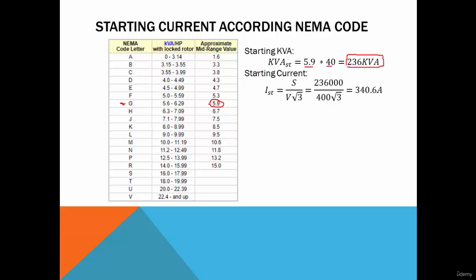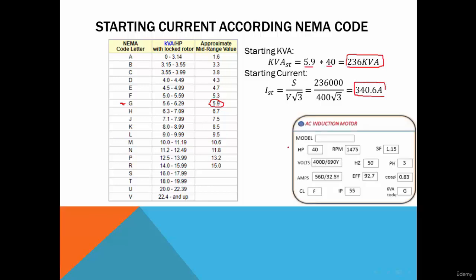The starting current I starting is equal to S over V times root square of 3. So 236 times 1000 over 400 times root square of 3, we are going to get 340.6 ampere. So the value of the starting current of this motor is 340.6 ampere.